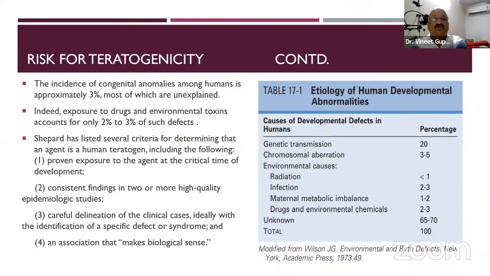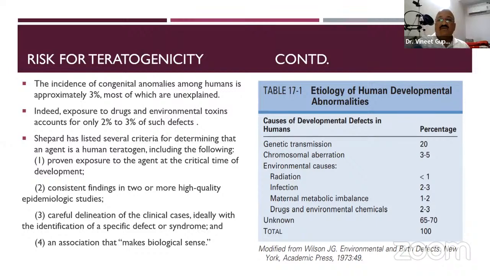Then the incidence of congenital anomalies among humans is approximately 3%, most of which are unexplained. And out of that, only 2 to 3% are due to drugs and environmental chemicals. Indeed, Shepard has listed several criteria for determining that an agent is a human teratogen, including the following.